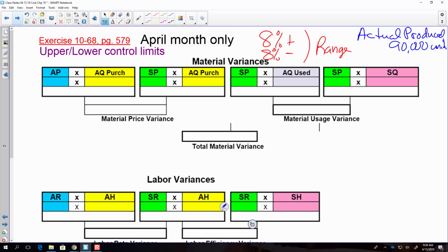And their cost was 189,000. Where on my template does the 189 go? It's a dollar amount, right? Actual is always on the left side, right? Correct?